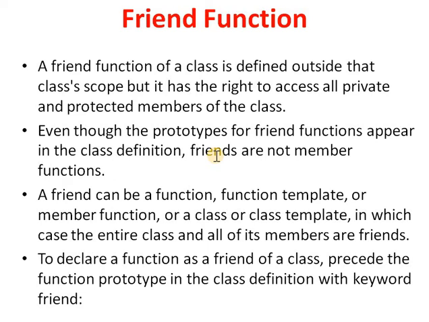When you want to declare any function as a friend, then precede the function prototype in the class definition with the keyword friend. Means when you want to specify any function as a friend, then use the friend keyword. By using the friend keyword, you can define the friend function.